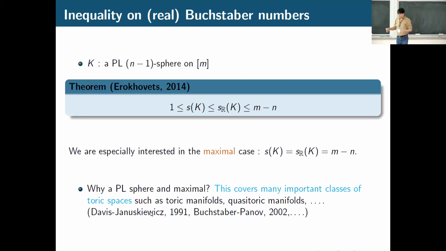So in this talk, I'm going to focus on the piecewise linear sphere case. From now on, I always assume that K is a piecewise linear (n-1)-sphere with m vertices.